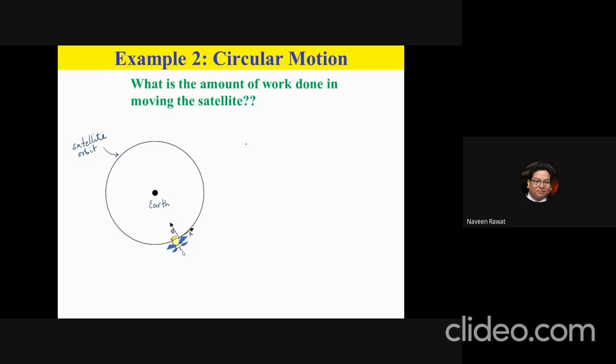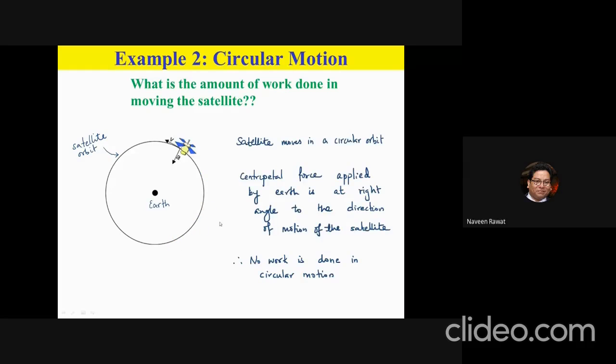Even in this case, since the satellite is moving in a circular orbit, there is a centripetal force applied by Earth. So the force and the direction of motion are perpendicular, 90 degrees to each other. Then the work done will be the dot product, and that turns out to again be 0.